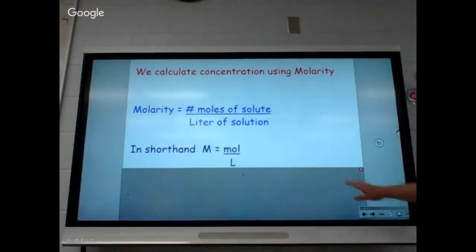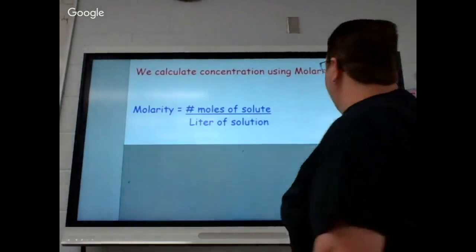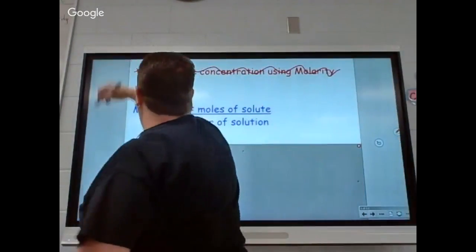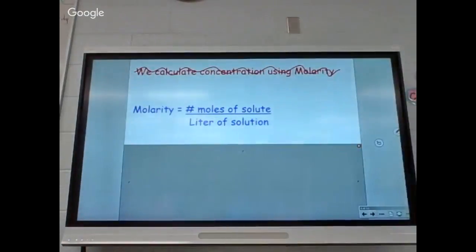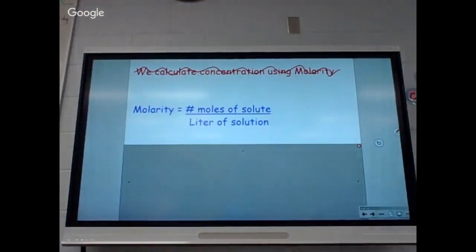Now, you do not need to write what's in red up here. So, the only form of concentration that we're going to learn to calculate for the state test is molarity. Molarity is moles over liters.